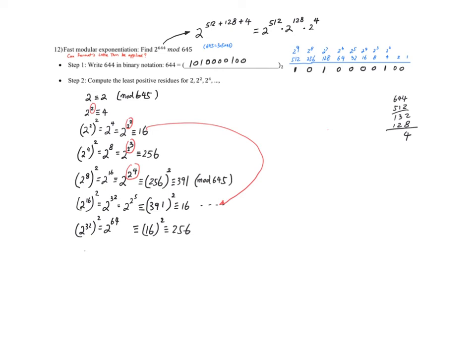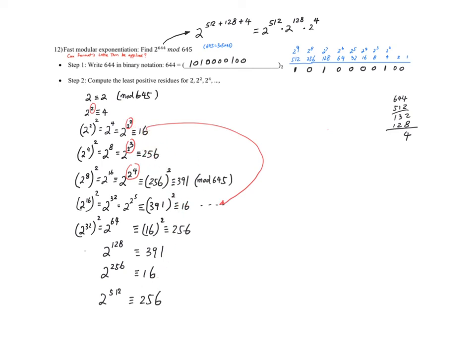The next one, 2 to the power 128, is 391. 2 to the 256 is congruent to 16. And 2 to the 512 is 256. Again, we don't need to repeat all the algebra because once you see the 16, they repeat.